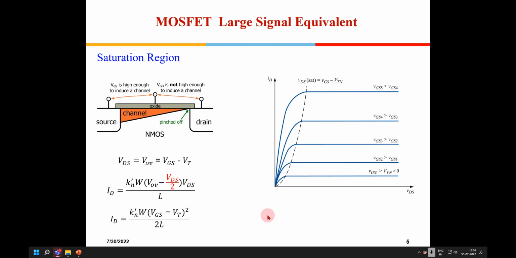The analysis of all MOSFET based circuits uses only these three. There are no additional things you need to know. The only thing we need to know is how to replace the MOSFET with an equivalent circuit.